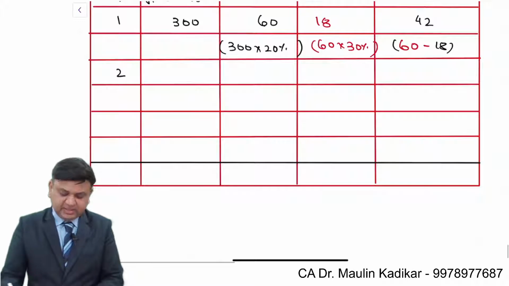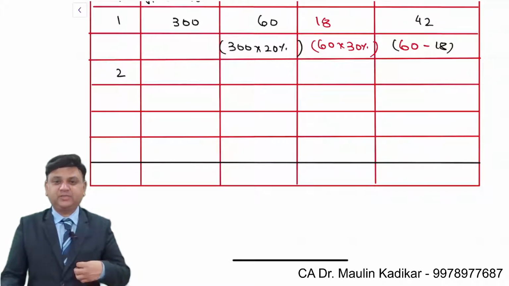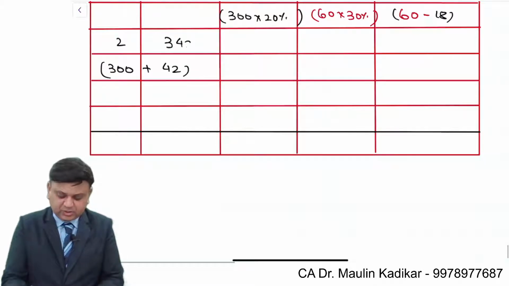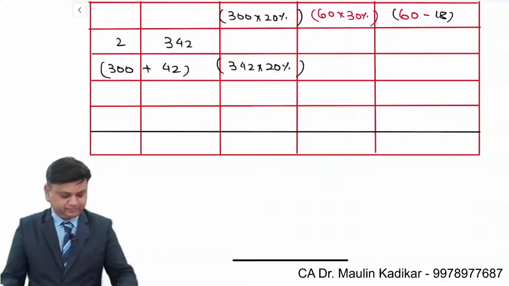So second year beginning, what would be the investment in the business, friends? The investment in the business will be 300 rupees plus this 42 rupees which we are reinvesting. So it is 342. Now it is 342 into 20%.